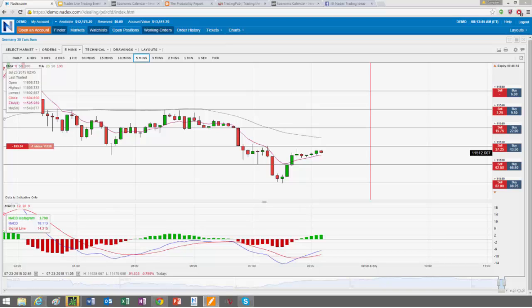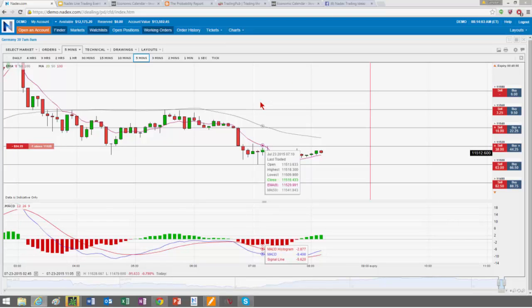All right. So in the meantime, any questions? This is a pretty easy trade. With any of these trades, by the way, I recommend please don't take my word for it.